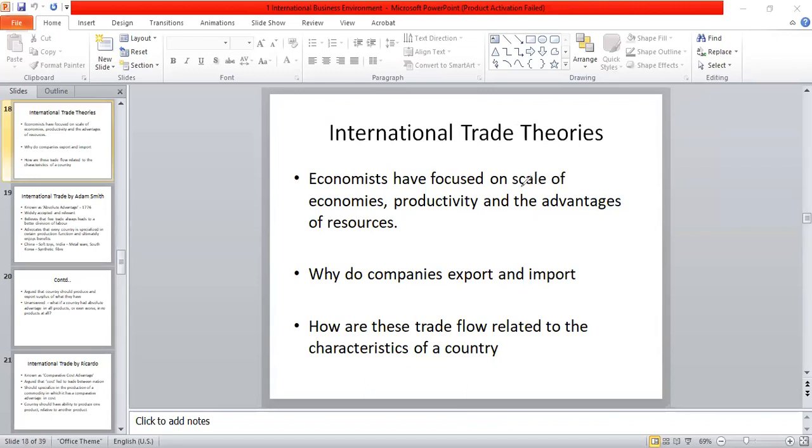The first keyword is scale of economy. This is number one. Then number two, productivity. And number three, advantages of resources. So these three keywords are highly focused on in all economics.